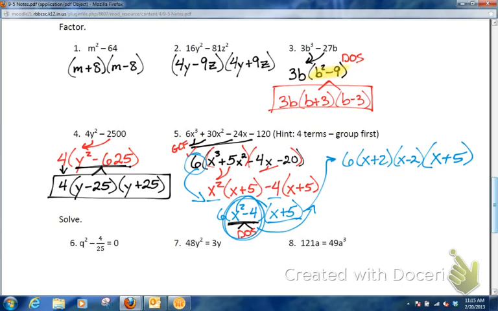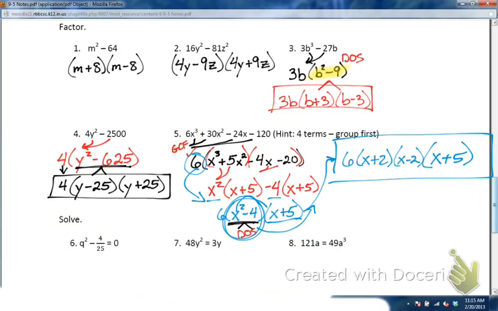So, extremely large, long problem there. What was there? 3 different types of factoring. You took out the GCF, you group factored, and you did a difference of squares all in one problem. So, again, kind of like we were saying before, there's lots to these problems. So, got to know your factoring methods.